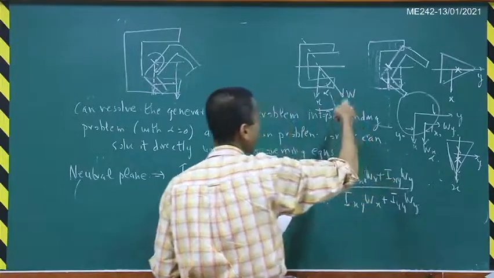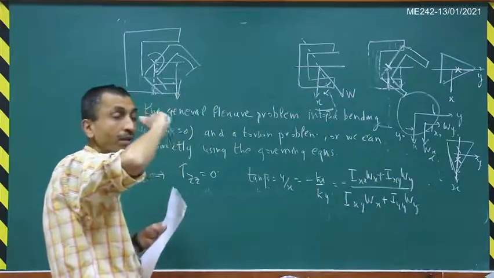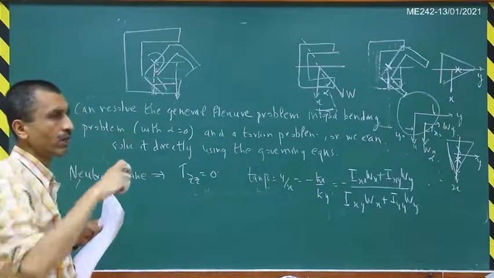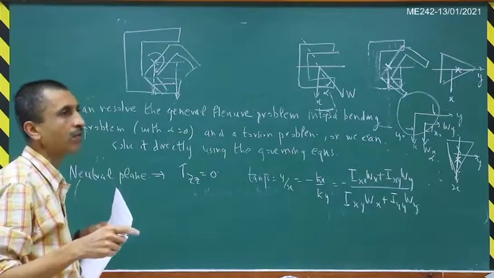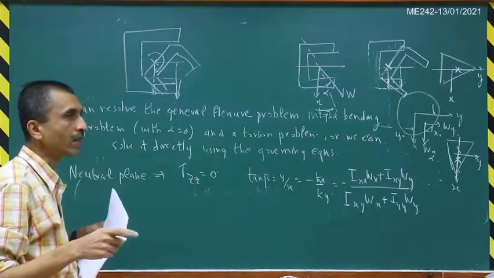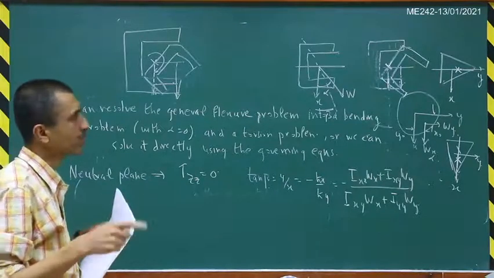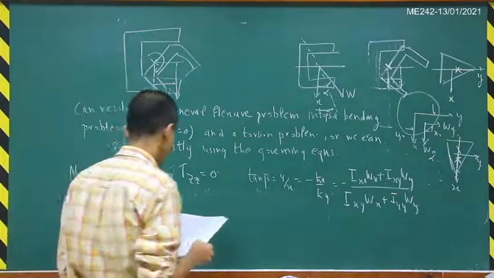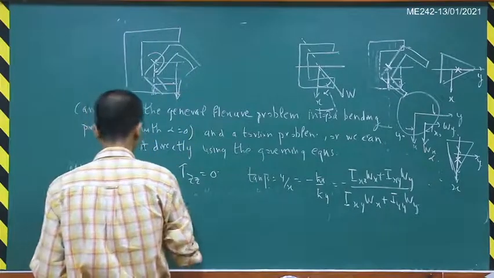This is exactly similar to the pure bending problem, where the neutral plane angle was not necessarily equal to the angle made by the resultant moment. In this case, it's the resultant load. So the angle need not be the same.